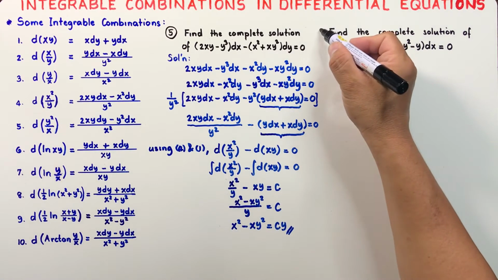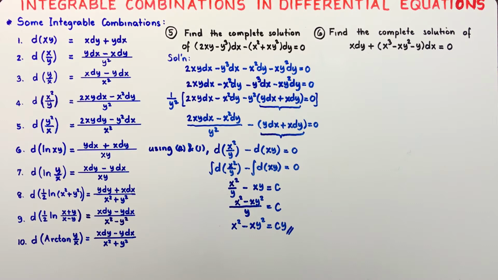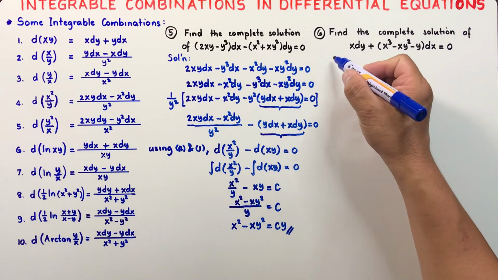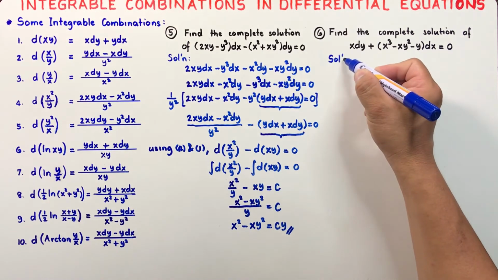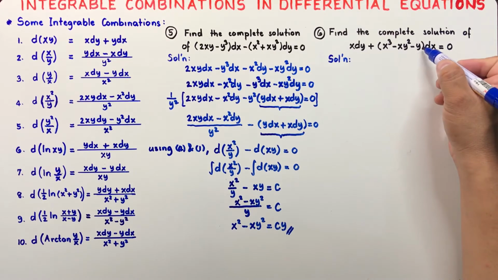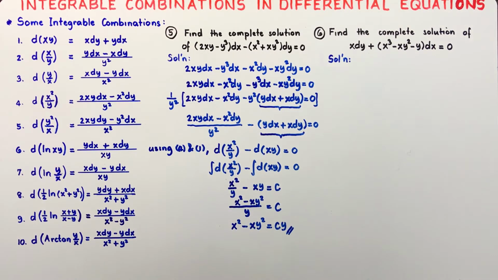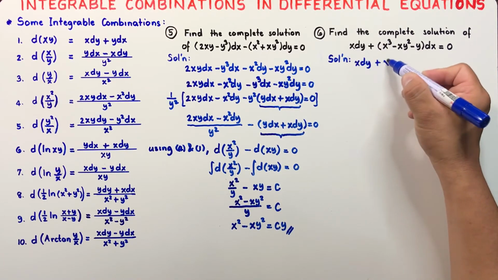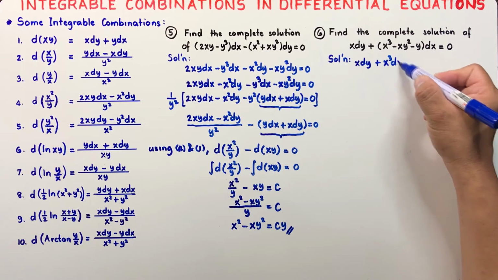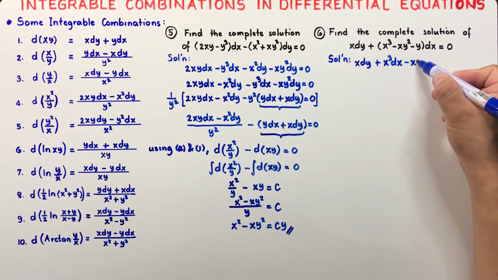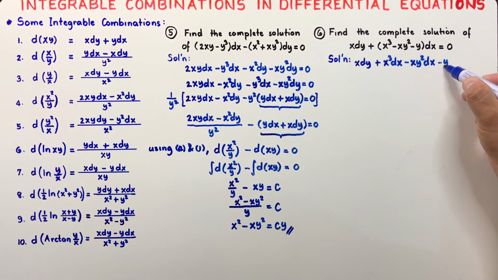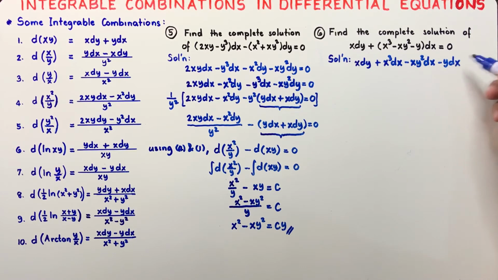Now let's proceed to our example number 6 here. So recognizing an integrable combination in this equation will not be obvious if we do not distribute our dx to this trinomial here. So we have x dy plus x cubed dx minus x y squared dx minus y dx, and this is equated to 0.